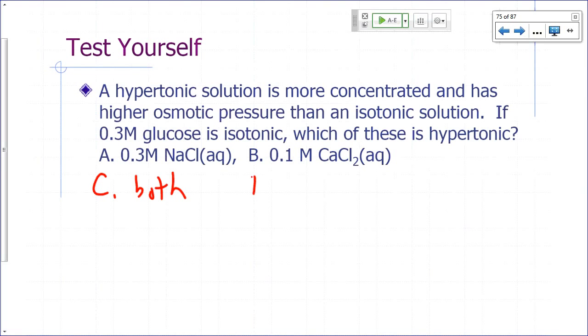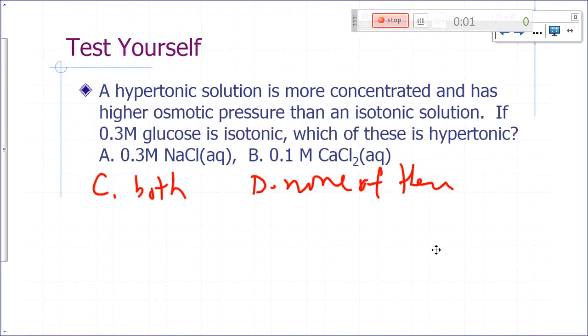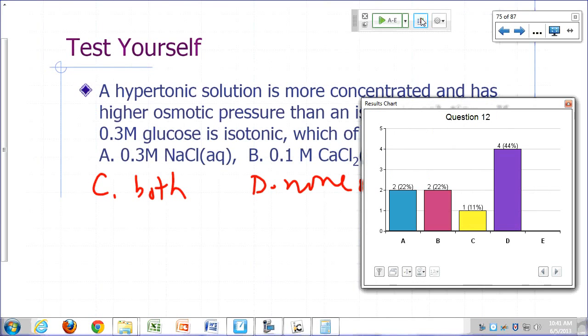Both, D, none of these. Ready? Okay, we're done. So what's the answer?